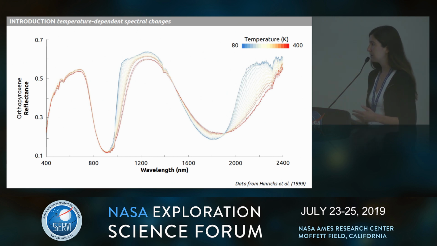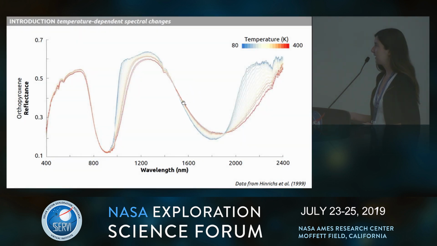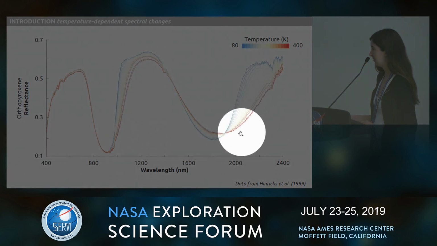And what earlier lab studies demonstrated for these different minerals is that spectra that were collected at warmer temperatures have broader absorptions, again shown in the red, and in contrast, samples that were collected at much cooler temperatures, shown in the blue, have narrower absorptions.